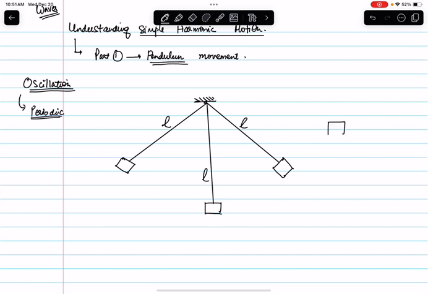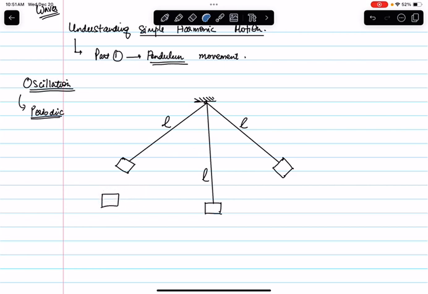So if this is my pendulum bob, then this pendulum bob will continuously go from left to right, and it will keep repeating itself, provided that there is no friction. If there's no friction or no force acting on the system, it can go on like this forever. So this is a periodic motion. It keeps on repeating itself.